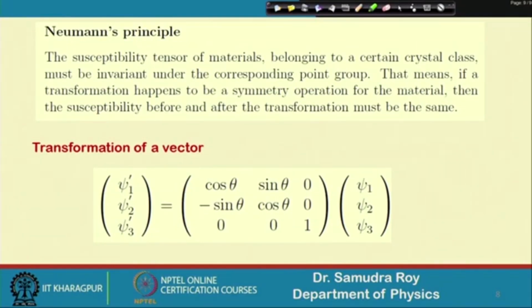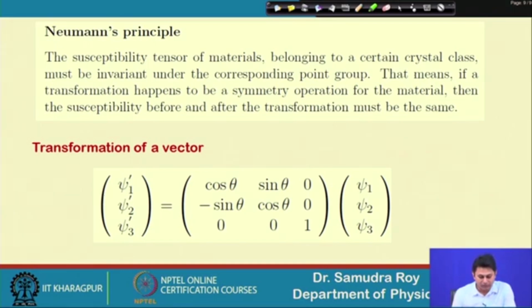So, Neumann's principle says that the susceptibility tensor of a material belonging to a certain crystal class must be invariant under the corresponding point group. That means if I put some kind of operation over it, there will be no change in the crystal.